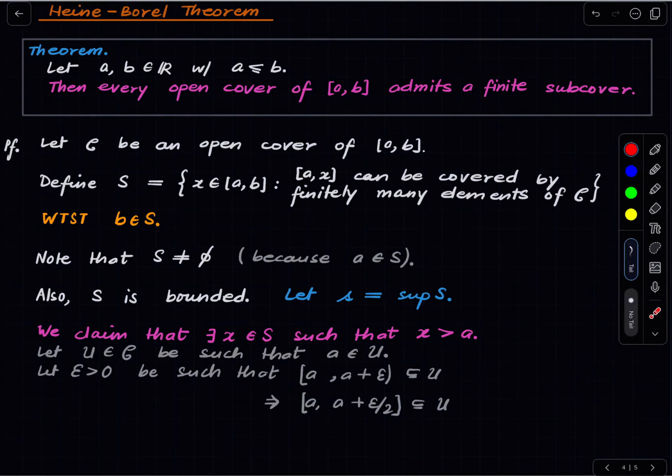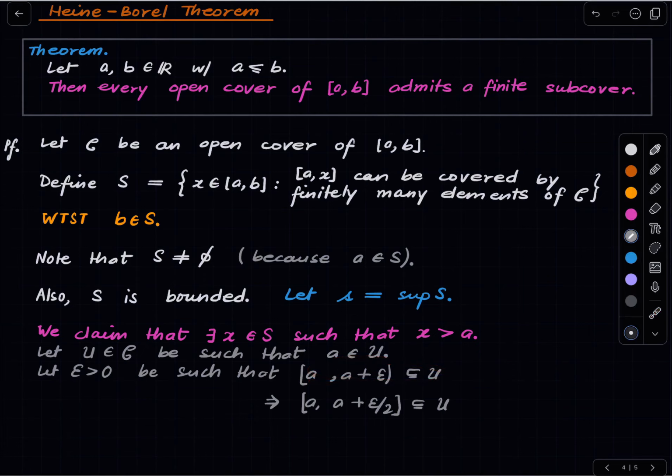Pictorially, what are we saying? We have this closed interval a comma b. U is some open set which contains a. And since it is an open set, there will be some room around a which is contained in U. Now the room goes both ways, but in this line we have only talked about one direction of it.